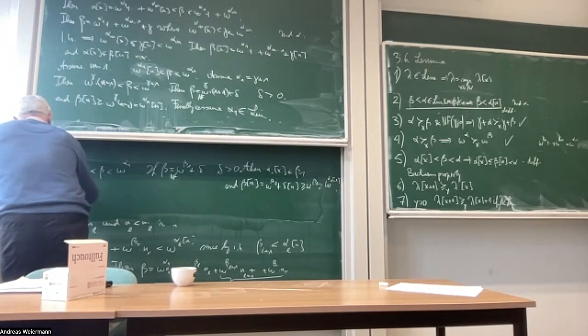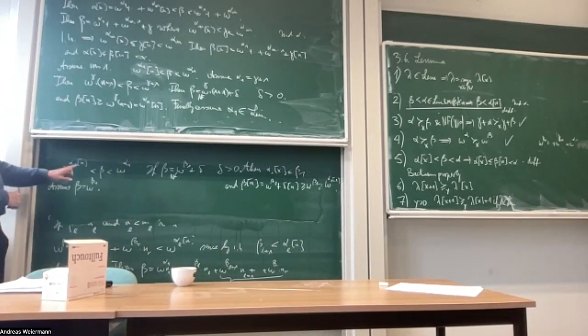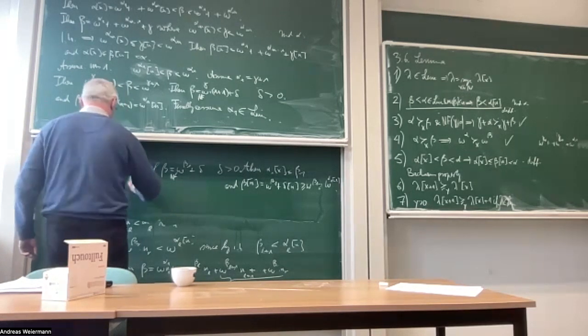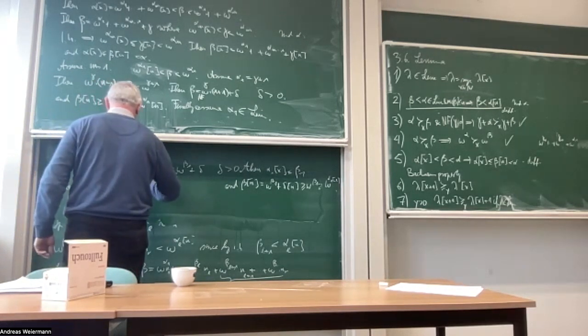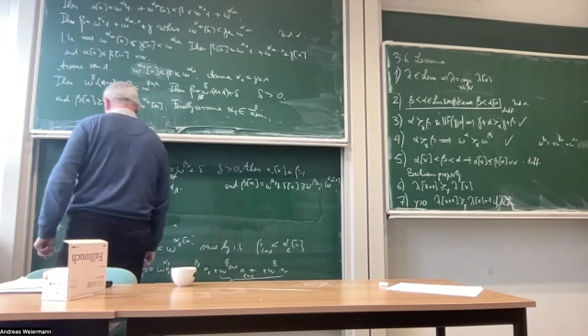So assume beta is omega to the beta 1, sitting in this interval. Then we have alpha 1 of x smaller than beta 1, smaller than alpha 1.